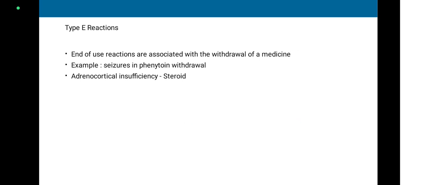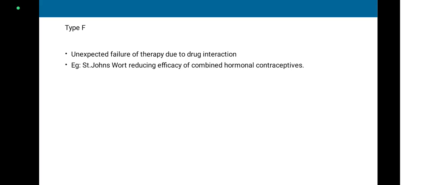Next kind of reaction is type E reactions. This reaction occurs when the drug use is ended, or these are also called withdrawal reactions. Examples are seizures on phenytoin withdrawal, adrenocortical insufficiency when steroid is withdrawn. And type F is the next category, also called unexpected failure of therapy, and this occurs usually due to drug interactions.